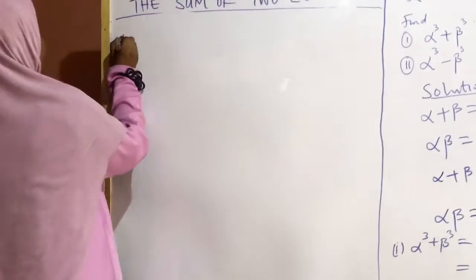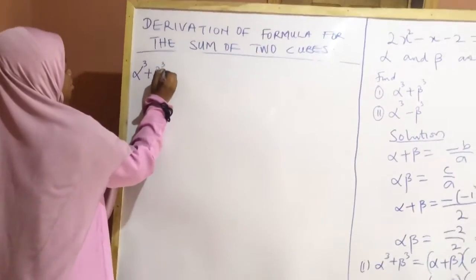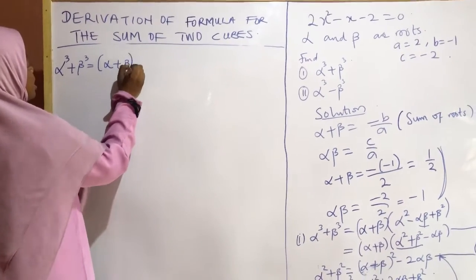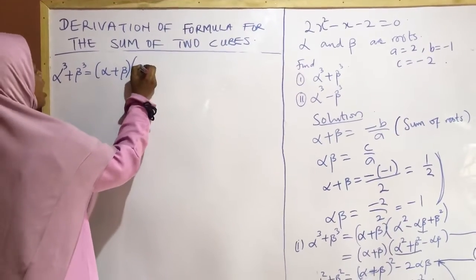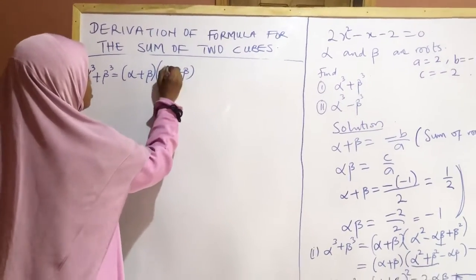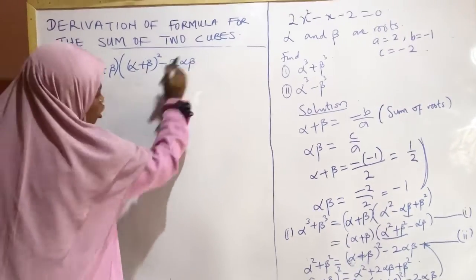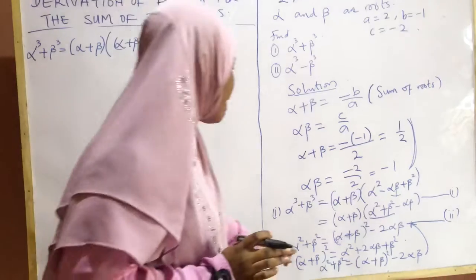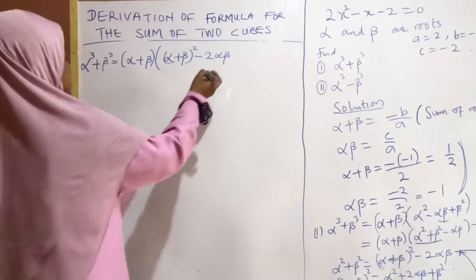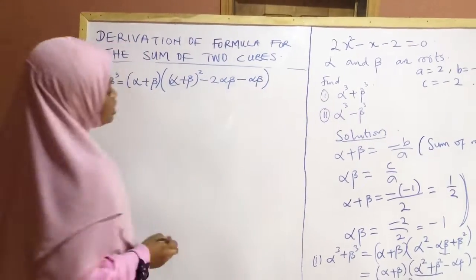So we now say that alpha cubed plus beta cubed will be equal to alpha plus beta into brackets alpha plus beta squared minus 2 alpha beta. Then you complete it with what? With minus alpha beta.